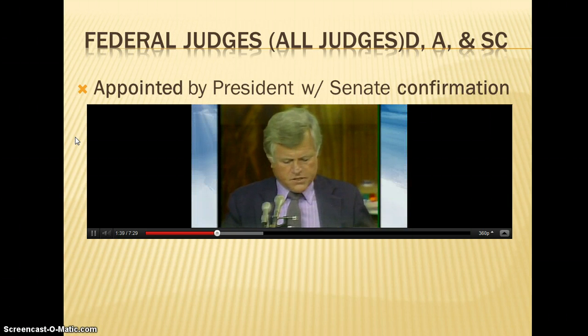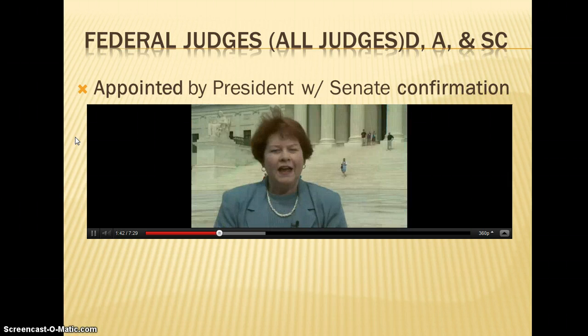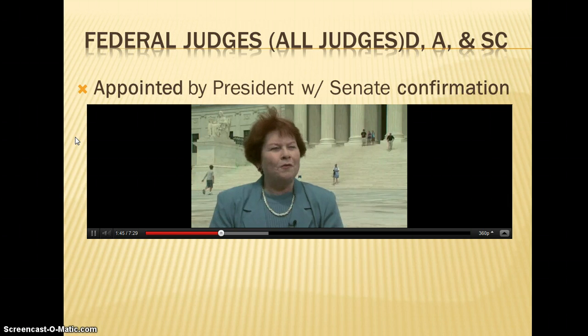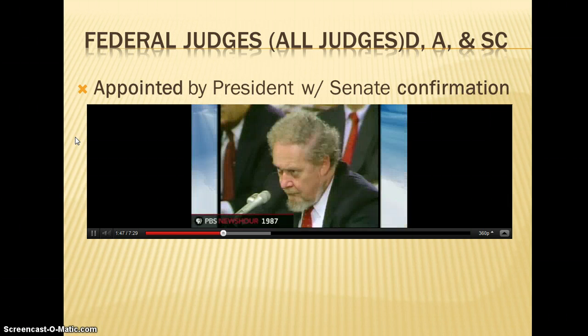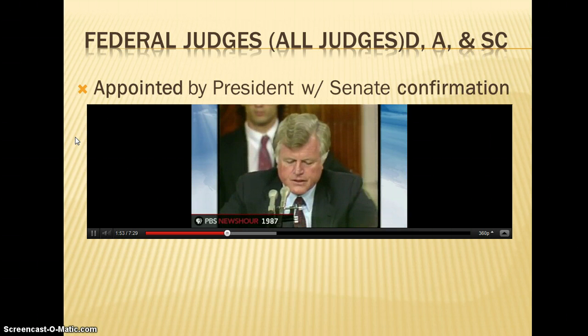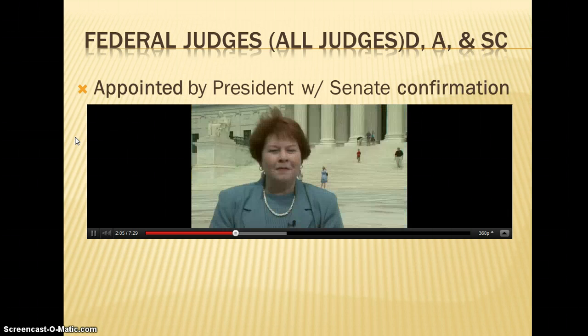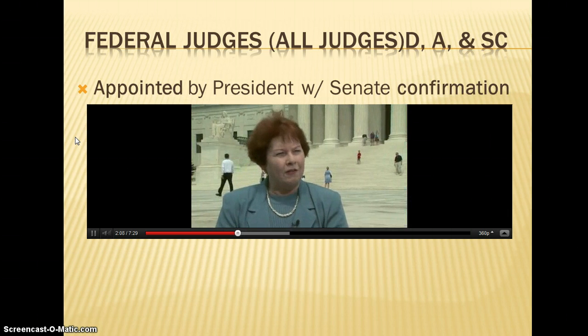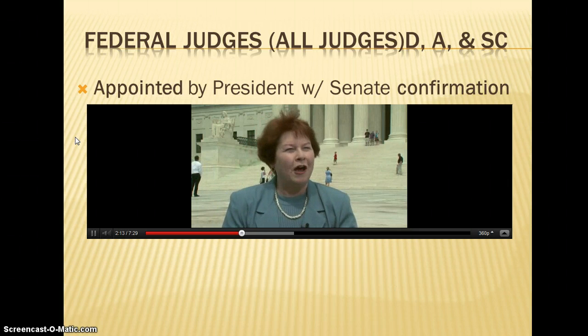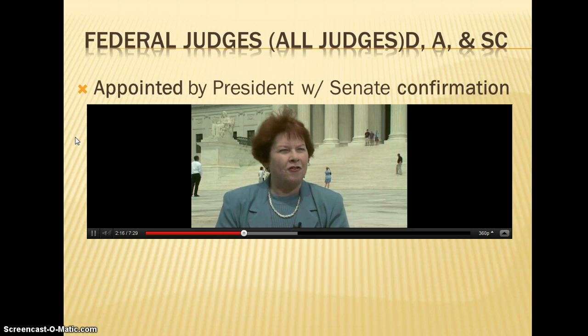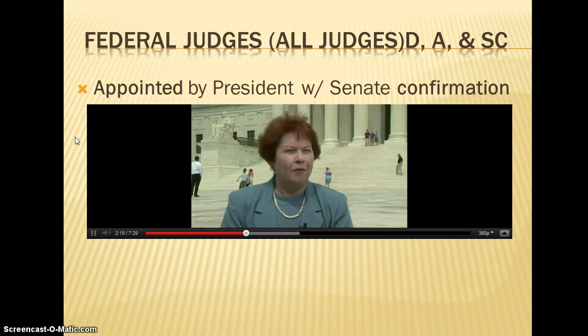Senator Ted Kennedy led the fight against his confirmation and had a very well-known speech in which he described Robert Bork's America. In Robert Bork's America, there is no room at the end for blacks and no place in the Constitution for women. And in our America, there should be no seat on the Supreme Court for Robert Bork. Of course, Bork was defeated by the Senate, and his supporters, Republicans, conservatives, coined the term, "You've been borked," in the future. If a judicial nominee of any court faced opposition, there was this concern that he'd be borked by the liberals in the Senate.